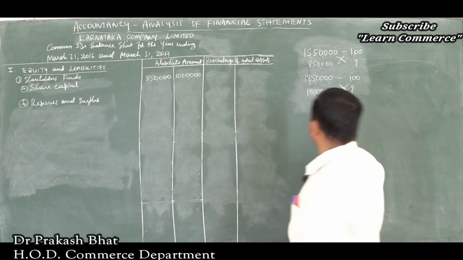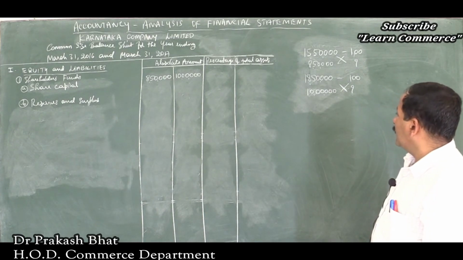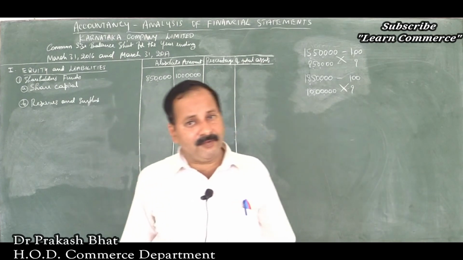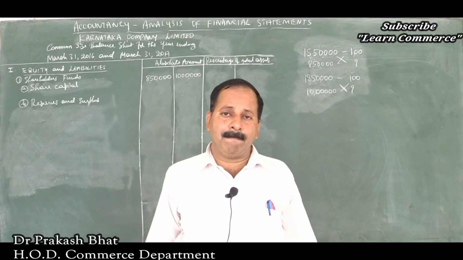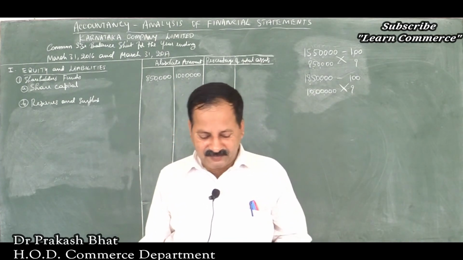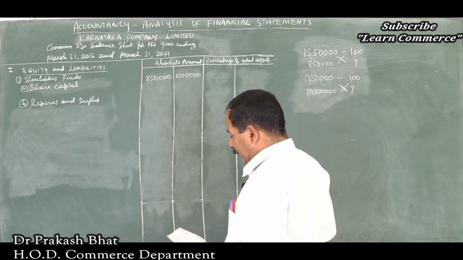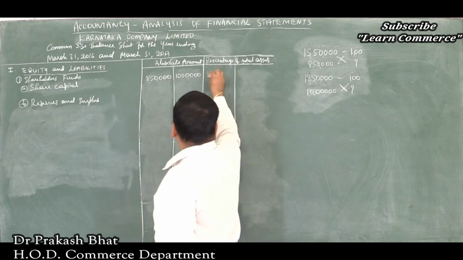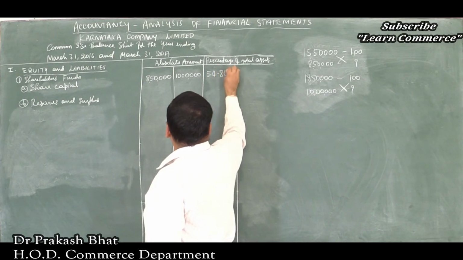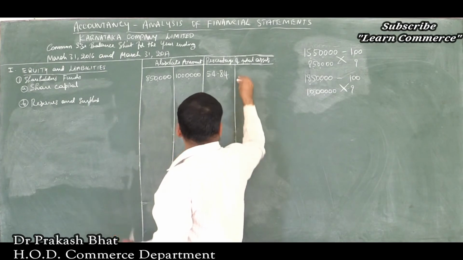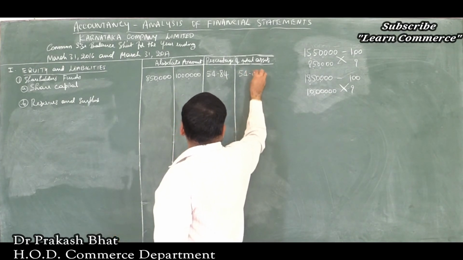Cross multiplication again. 10 lakh into 100 divided by 18,50,000. That's what you have to do. Very simple. Yes. So here we will get 54.84 and 54.06.